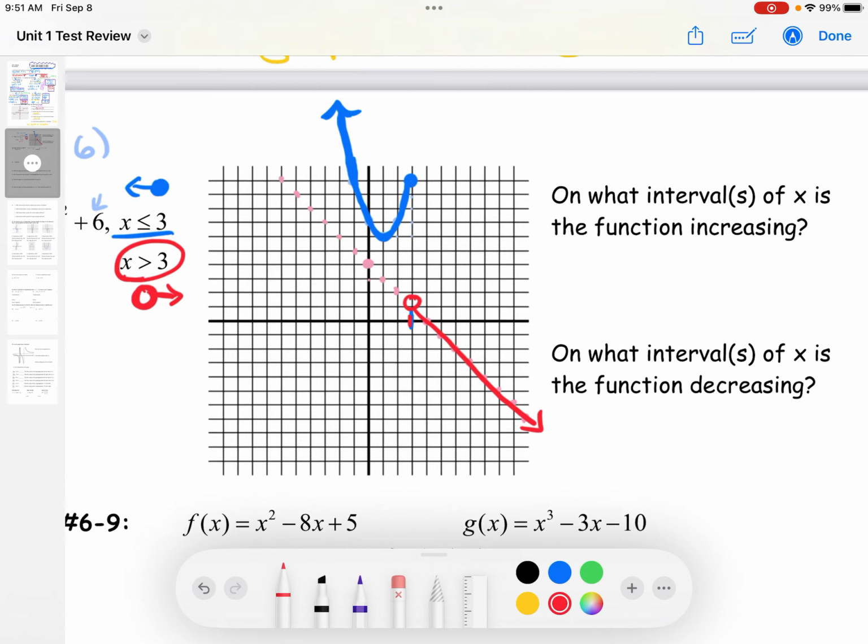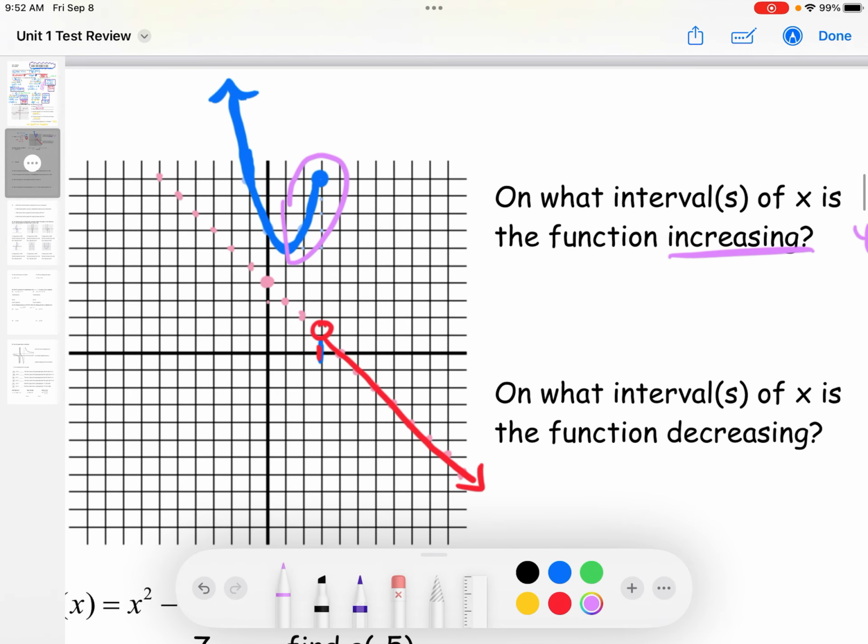So let's talk about the increase and decrease intervals here. The function is increasing. That means the y's are going up. Okay, the y's are going up. The only piece where this increases is right here. That's where, as we go left to right, the y's are going up.